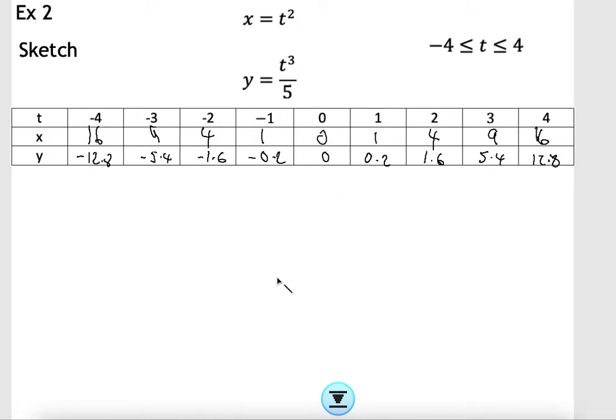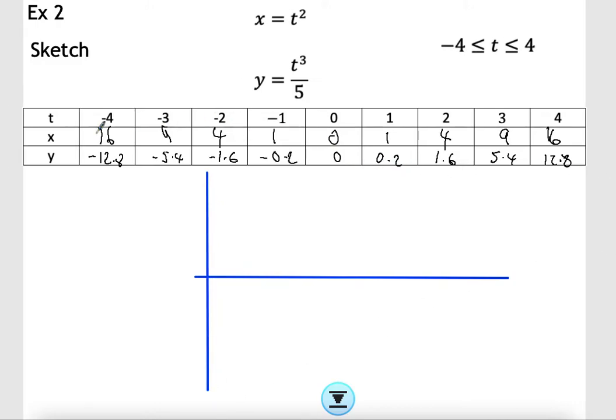Again, we need to make a sensible decision on our axes. So our x-axis, it's always positive, and our y-axis, we've got positive and negative, so something like that. Again, 16 is the largest, 0 is the smallest. Maybe go up in twos. So 2, 4, 6, 8, 10, 12, 14, and 16. That's not too bad. Okay, so let's label that in there.